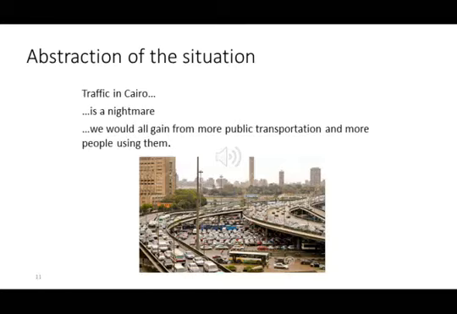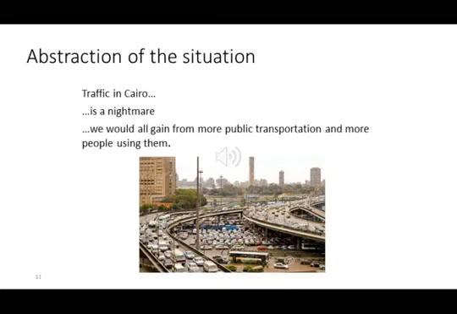And the result for this reduction of traffic is the use of public transportation and more people relying on public transportation instead of their private cars or private means of transportation. Because by doing this, there will be fewer cars in the street, which could help solve our problem.